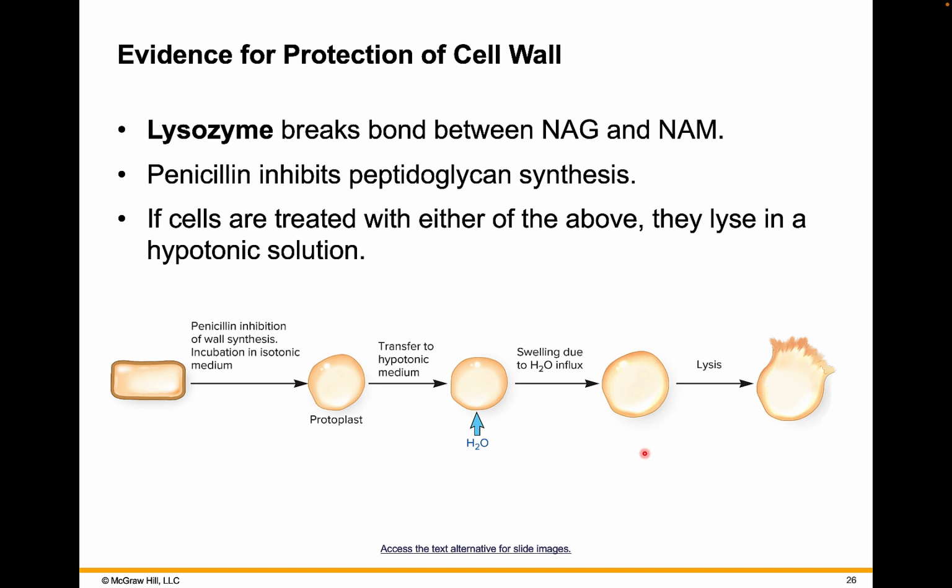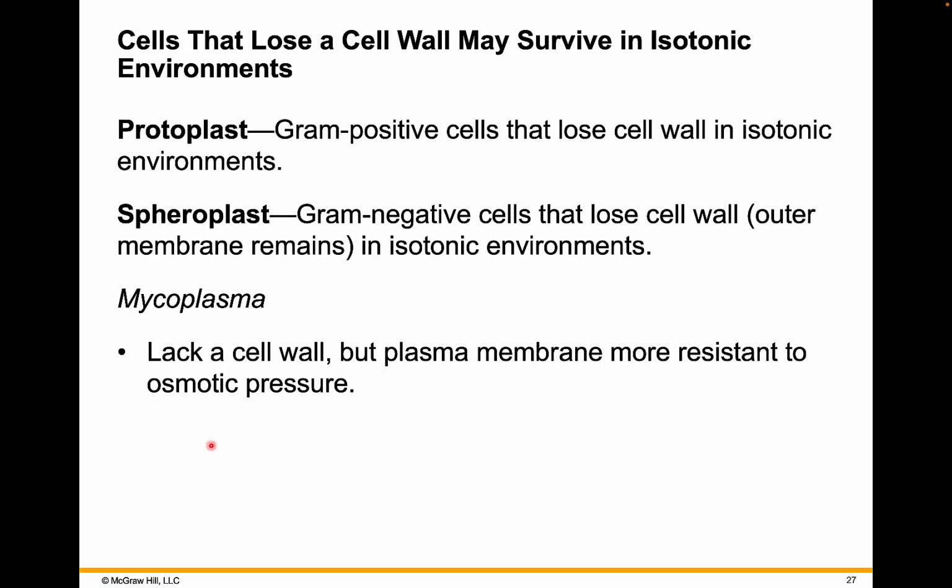This experiment demonstrates how important the peptidoglycan layer is. When gram-positive cells lose the cell wall in an isotonic environment, we call them protoplasts. If we put a protoplast in a hypotonic environment, it will burst.